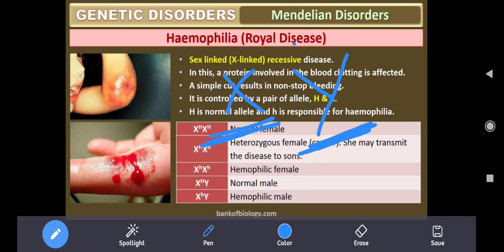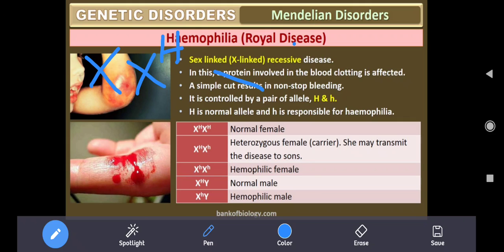Look at this, if the female carries X and XH and the male is normal X and Y, when these two parents give a young one, if these two X mingle together, a normal female will be produced.